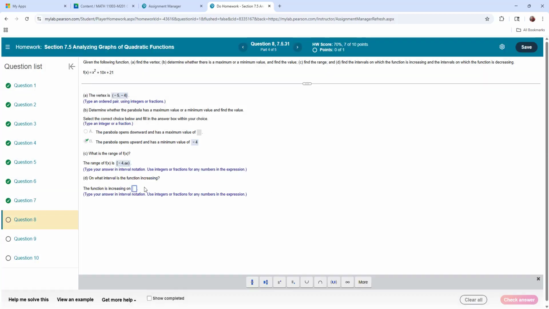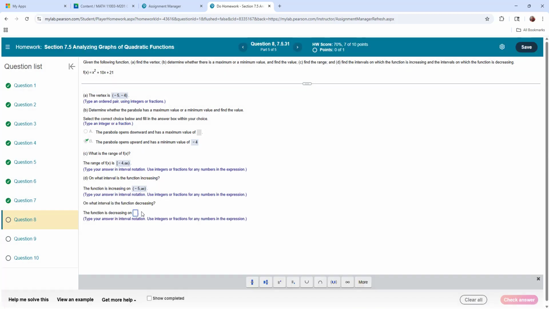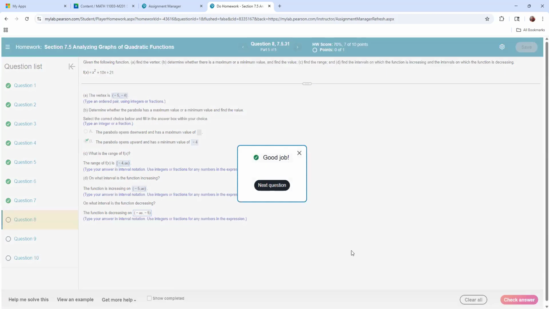It wanted increasing. We said that was parentheses, negative 5, comma, infinity, close parentheses. It wanted decreasing. And we said that was negative infinity up to negative 5. All right, see, this one didn't have to do a graphing on it, okay?